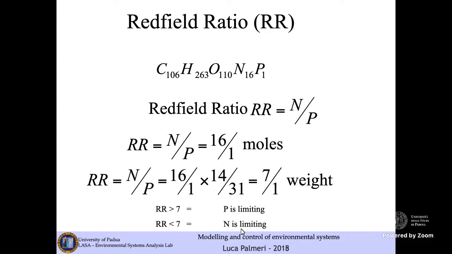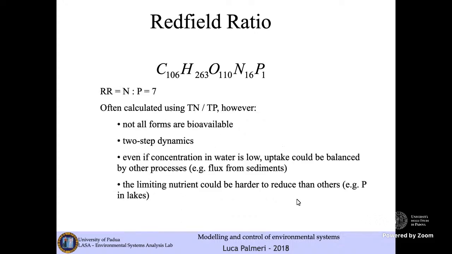We said that nitrogen is limiting in saltwater ecosystems because there the sediment is always providing phosphorus. So we have a sediment that in its solid part performs as a reservoir for phosphorus.